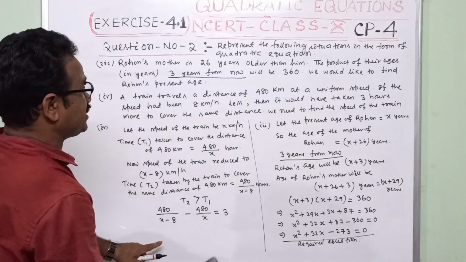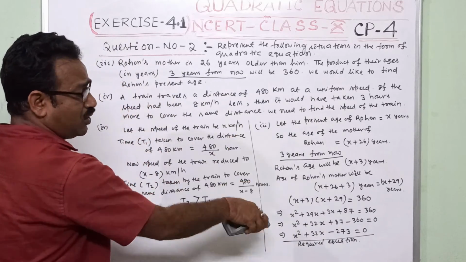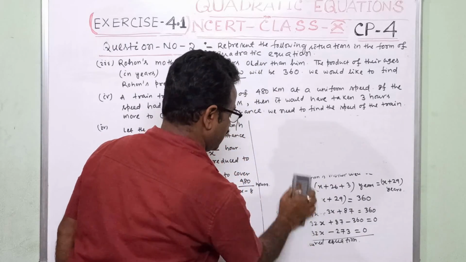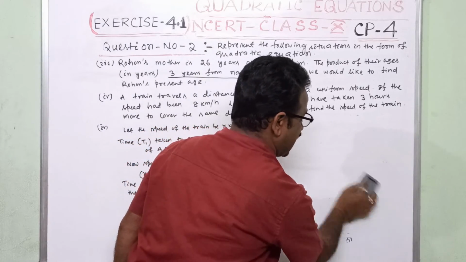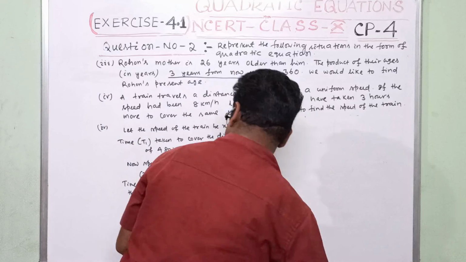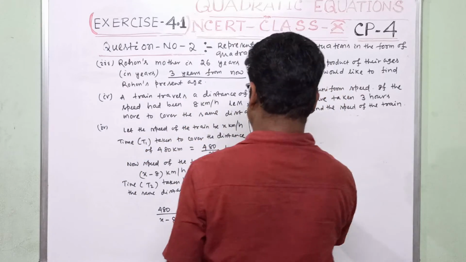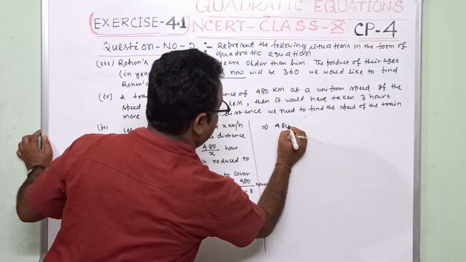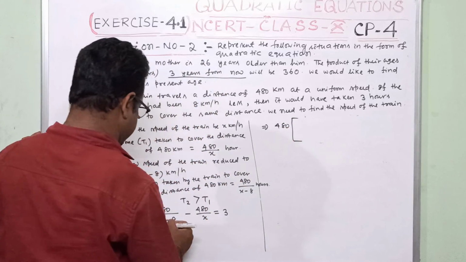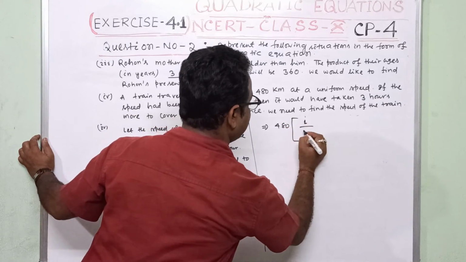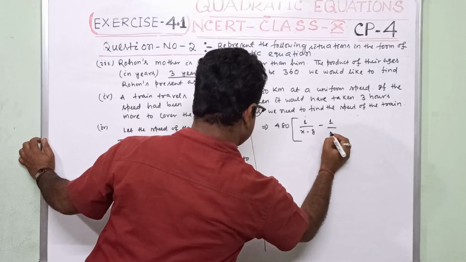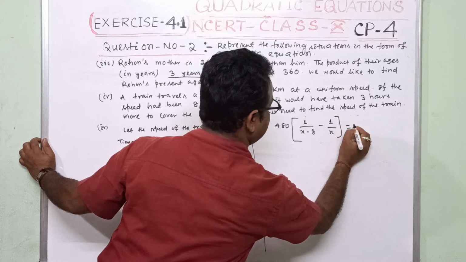Now we'll solve this equation. Note it down. Solve this equation to find the quadratic equation. That implies 480 taken common, I will get 1 by x minus 8 minus 1 by x is equal to 3.